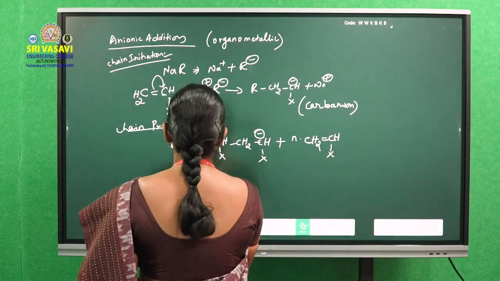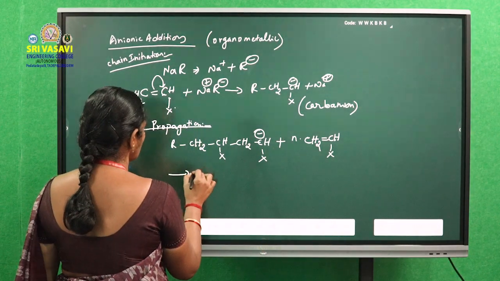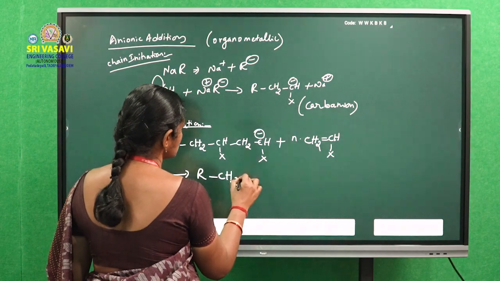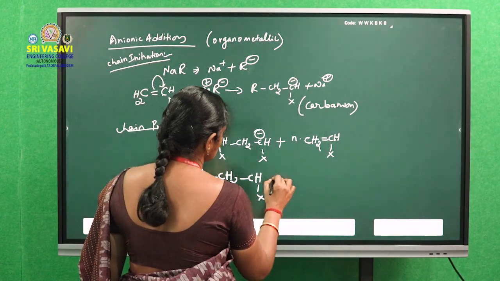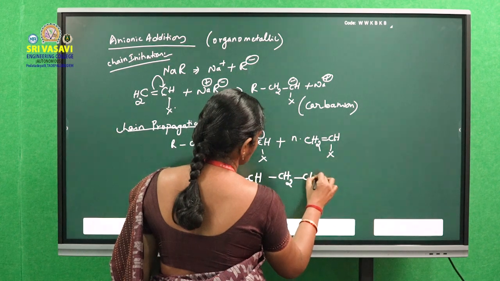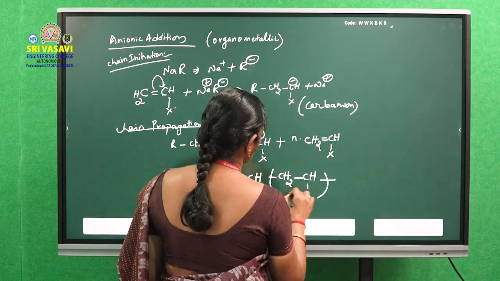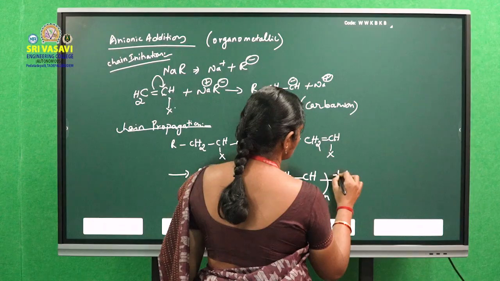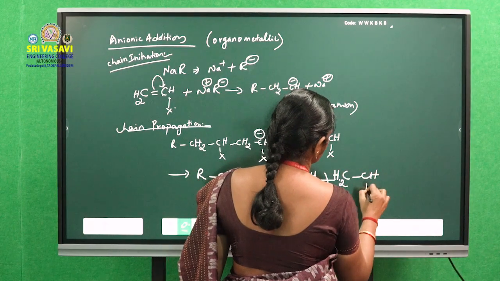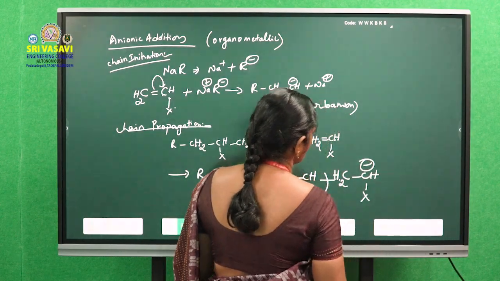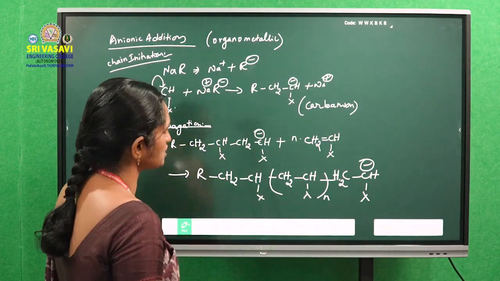So that is the second step. What is the living polymer? R CH2 CHX, CH2 CHX n times, CH2 CHX minus charge. So this is the chain propagation process.